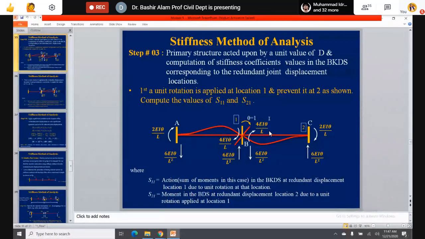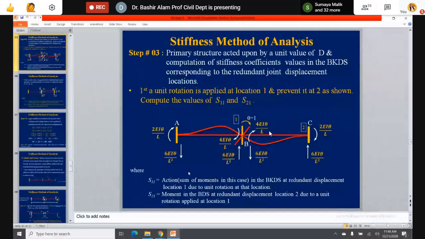On the left hand side, again theta is in the clockwise direction, so the moment produced will be in the clockwise direction. 4EI theta, it is the near end, so 4EI theta divided by L, AB. At the far end, in the same clockwise direction, 2EI theta by L, half of this value. And this is the balancing couple by the same concept which we discussed for BC. So this is how, because of the rotation, the member end moments and the member end shear forces are calculated.